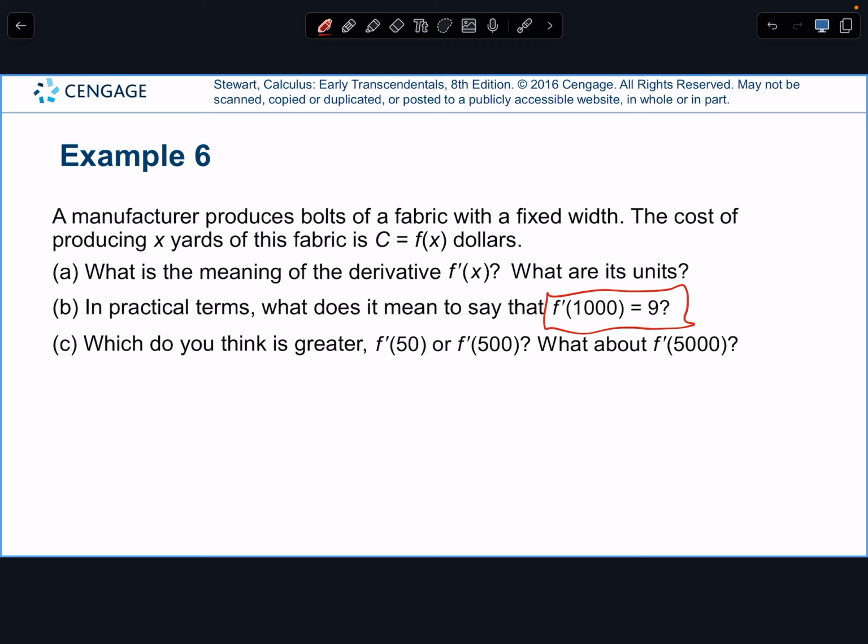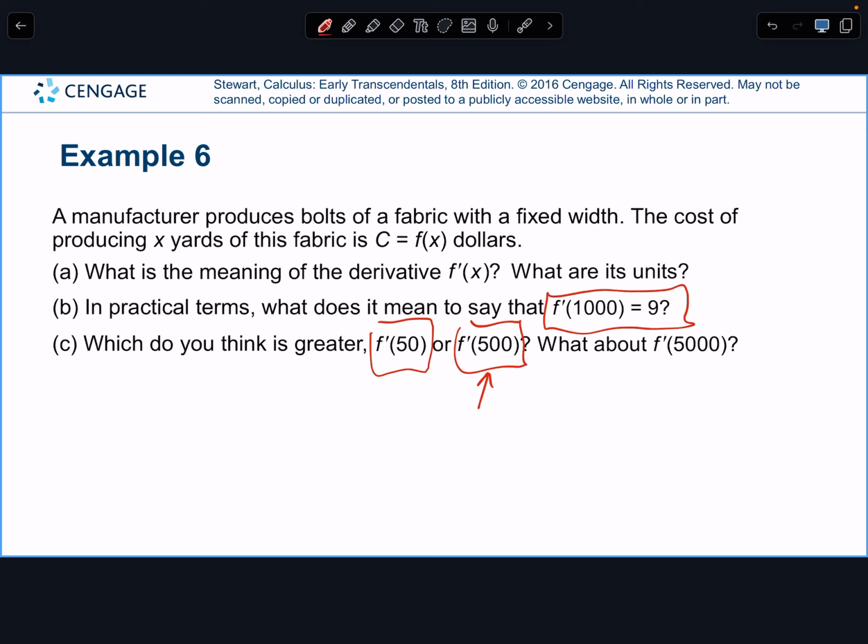And then it says, what's greater, the cost when you produce that 50th yard of fabric or the 500th yard? Probably it's going to be cheaper, just because of what they call economies of scale. You're going to have that cost per yard cheaper as you produce that 500th yard, because you have some fixed costs, right?